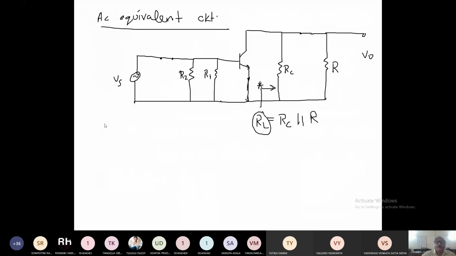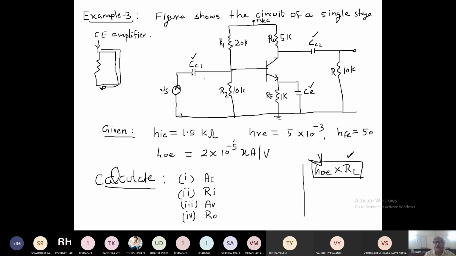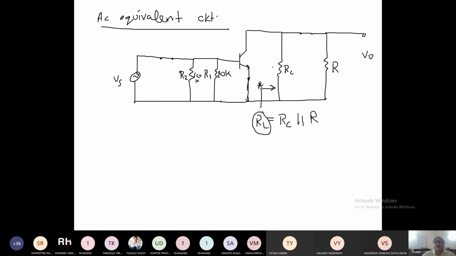R1 is 20K, R2 is 10K, RC is 5K and R is 10K. So from here we will find out our RL.